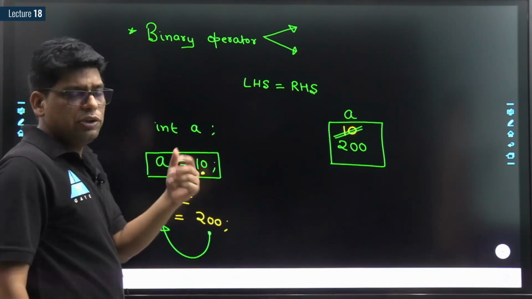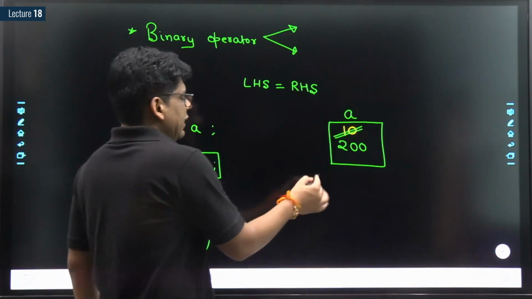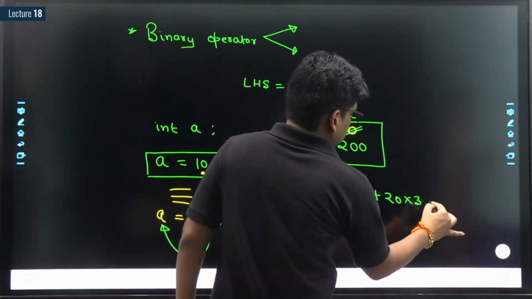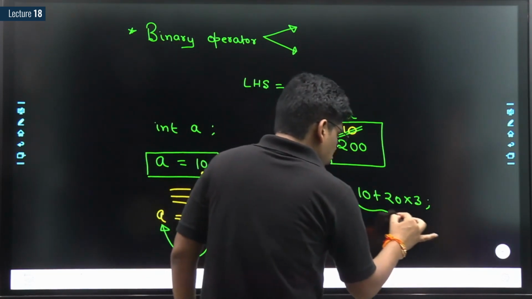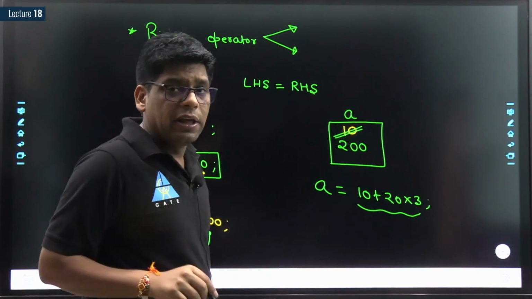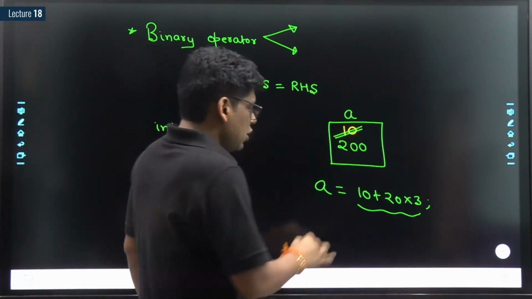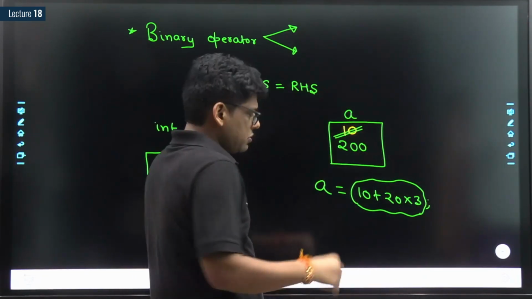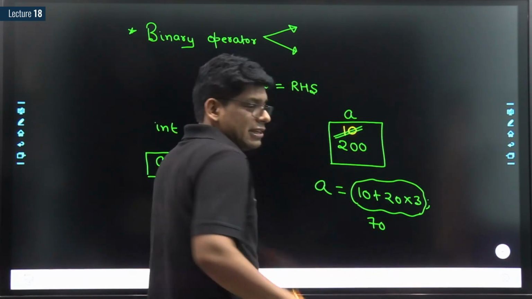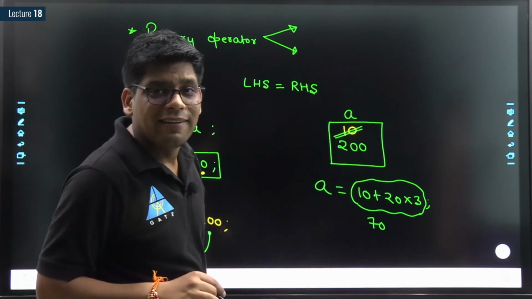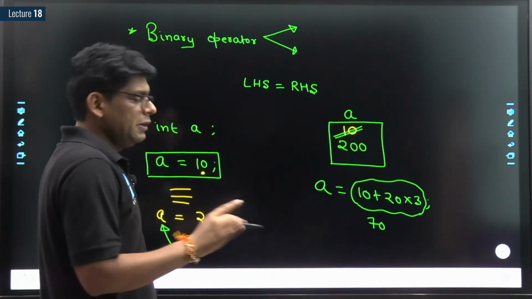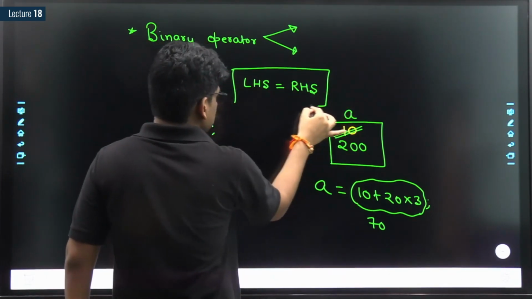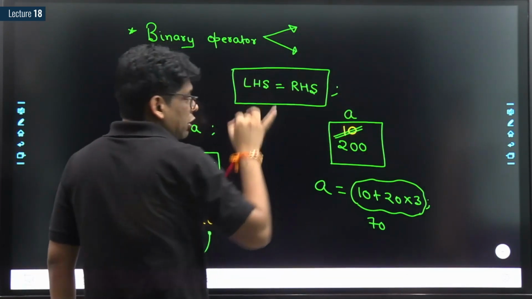Even in mathematics, we used to do something like this. If I write 10 plus 20 into 3, first we will calculate this. If I ask you what is the value of A, you will calculate 60 plus 10, 70, and you will say 70 is the value of A. So an assignment statement is like LHS is equal to RHS and a semicolon.